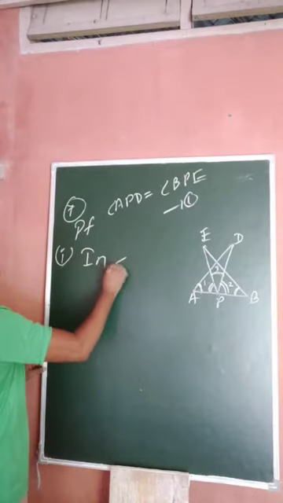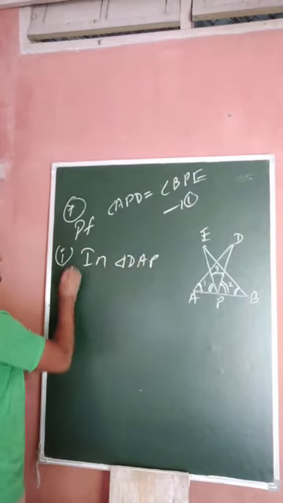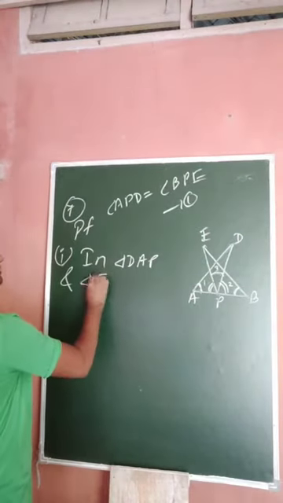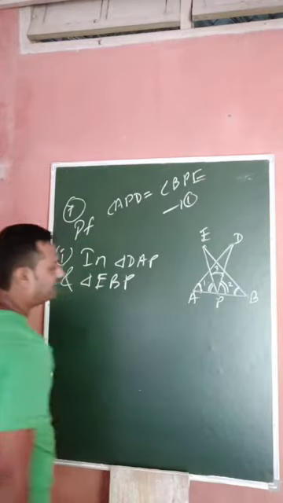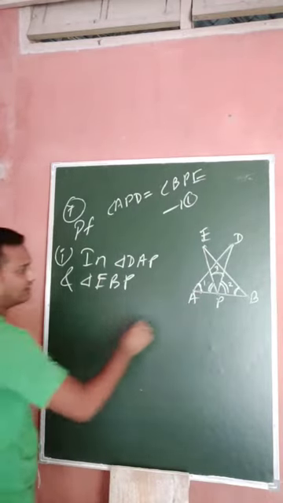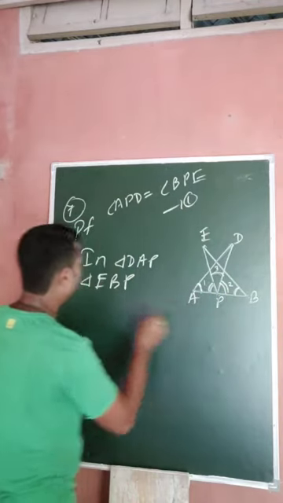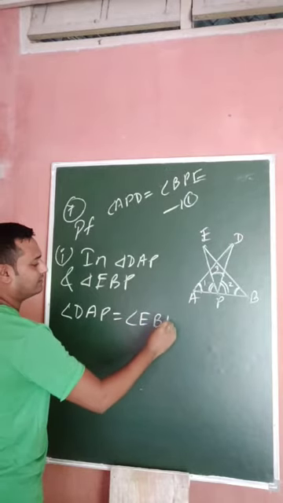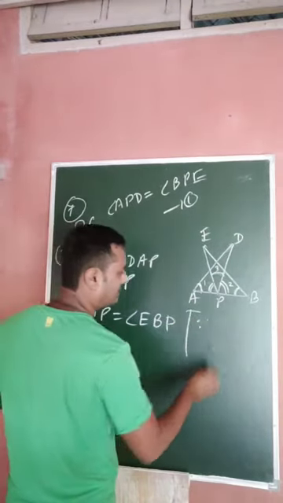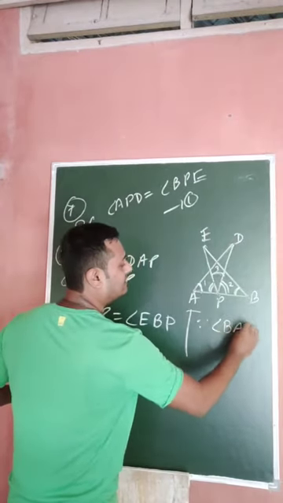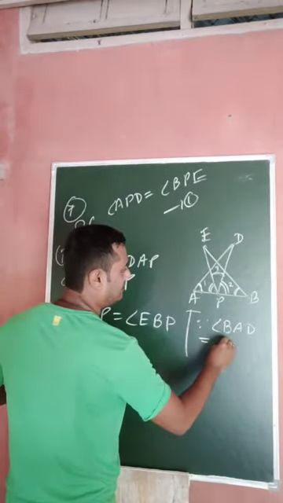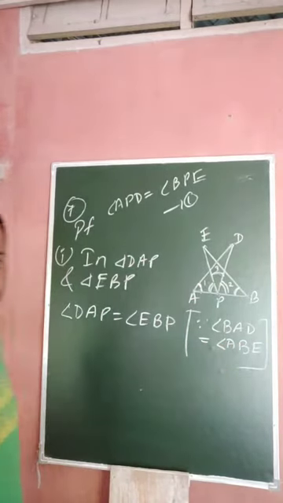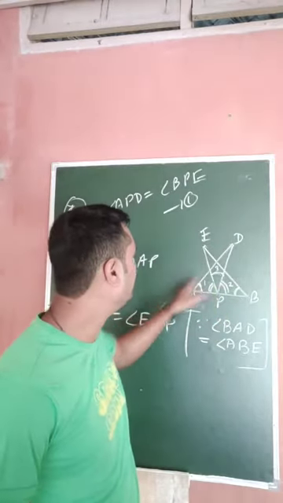So in triangle DAP and triangle EBP, you can write angle DAP is equal to angle EBP, since BAD is equal to ABE. In the given section, it is not given that angle DAP is equal to angle EBP.